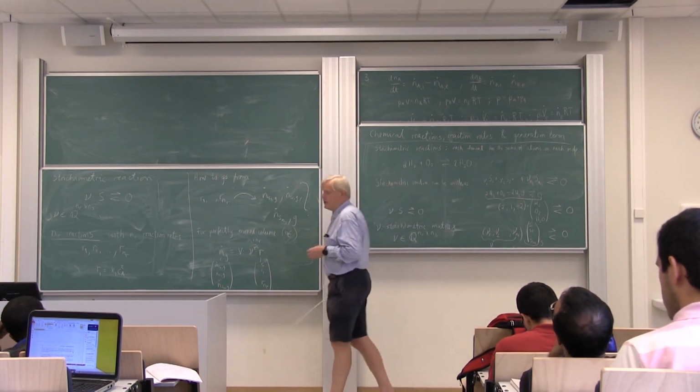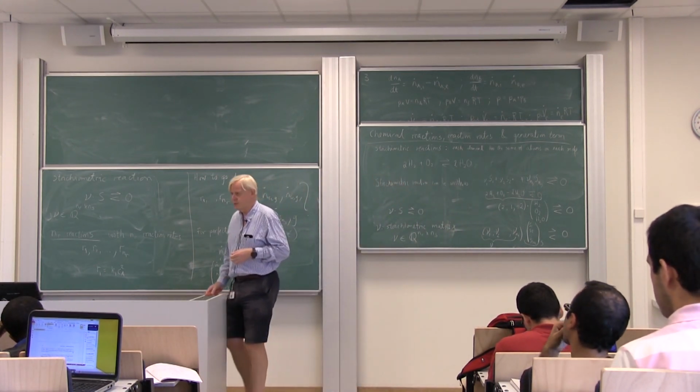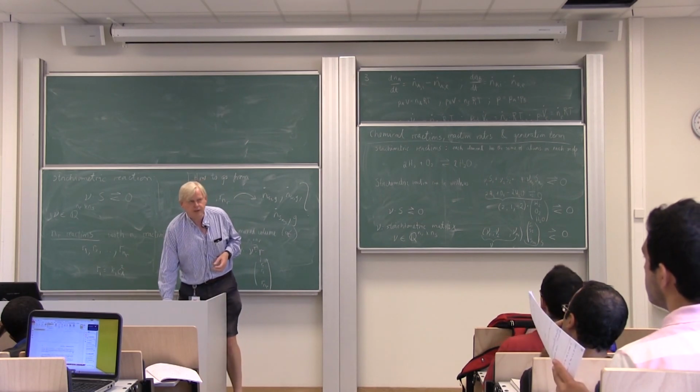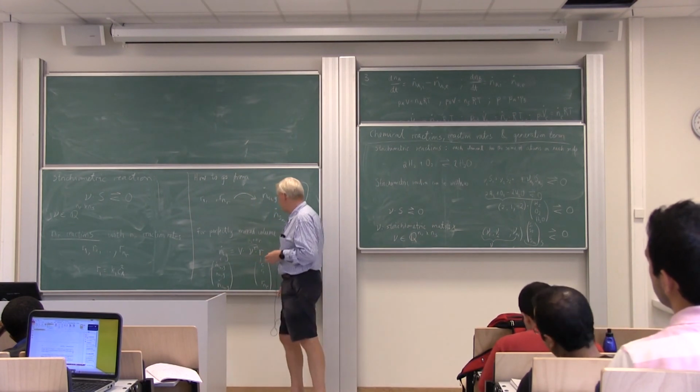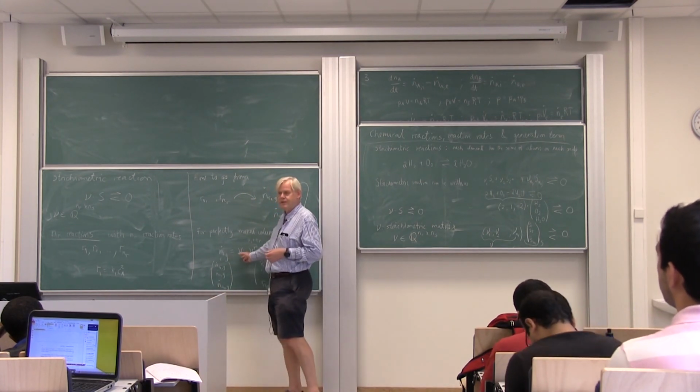So this is actually very elegant. When I took reaction engineering courses, we didn't learn this. And it was always a nightmare to figure out how to actually set this up.